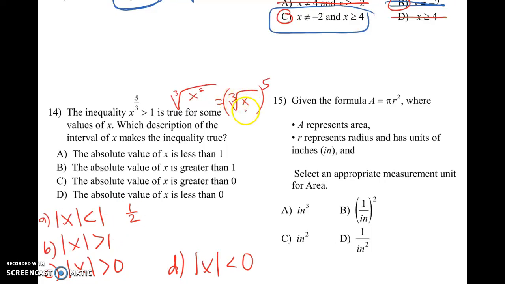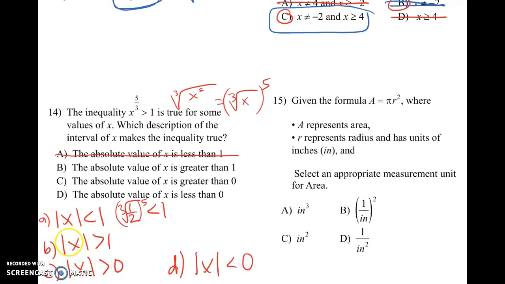Is the cube root of 1/2 to the 5th power going to be greater than 1? Well, the cube root is way smaller than 1/2, and then raising that to the 5th power is also smaller than 1. So the cube root to the 5th power is smaller than 1, and I need it to be greater than 1. So it's not answer choice A.